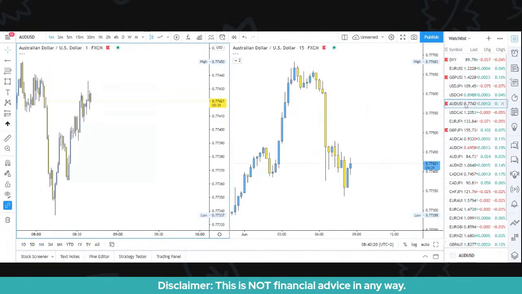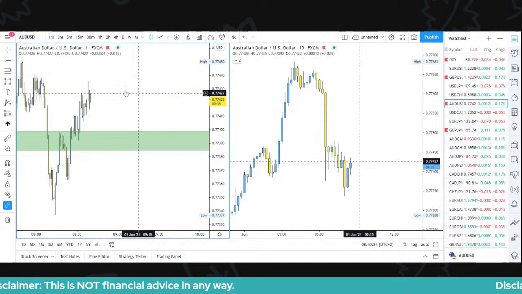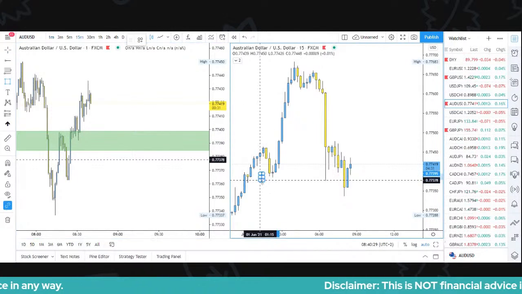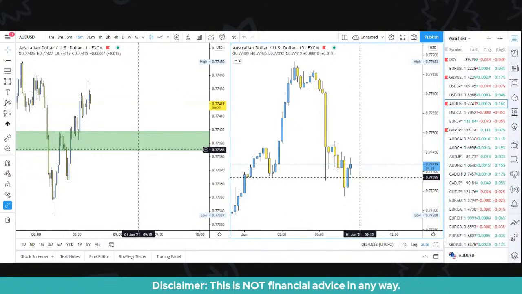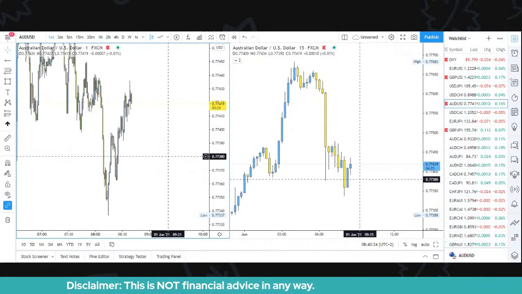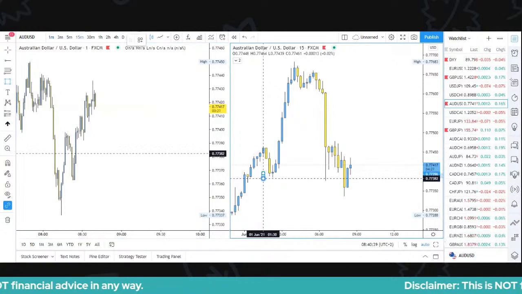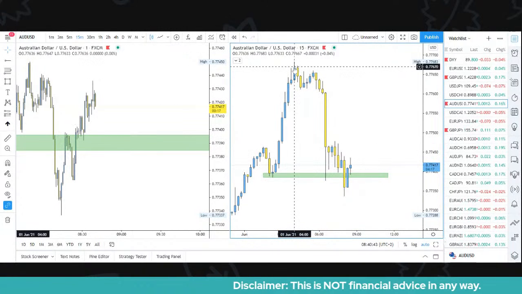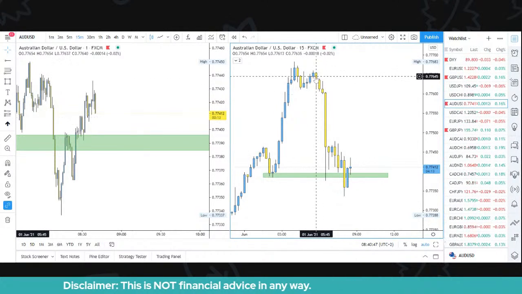Let's check AUD USD. Okay, what I can see from AUD USD here on the 15M is that we had 15-minute structure. You can see we had an impulse move followed by another impulse move.